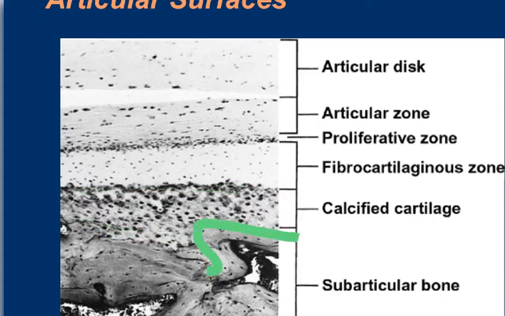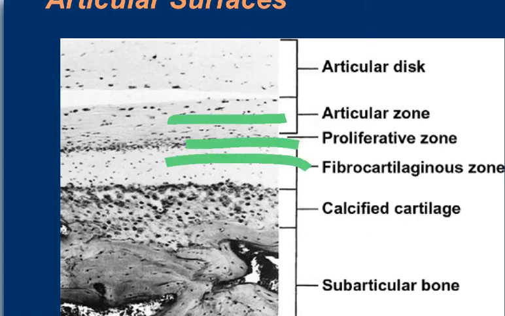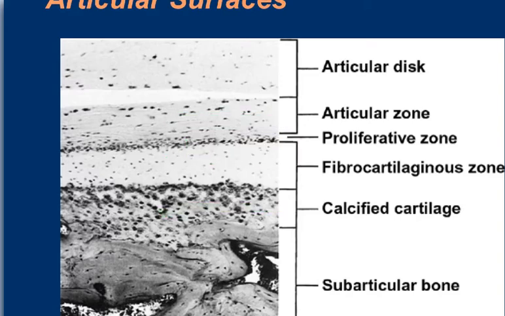Then we have the bone of the condyle. It's called the subarticular bone. So the bone is not part of the articular surface. It's below the articular surface. The articular surface includes these four zones: articular zone, proliferative zone, fibrocartilaginous zone, and calcified cartilage zone.